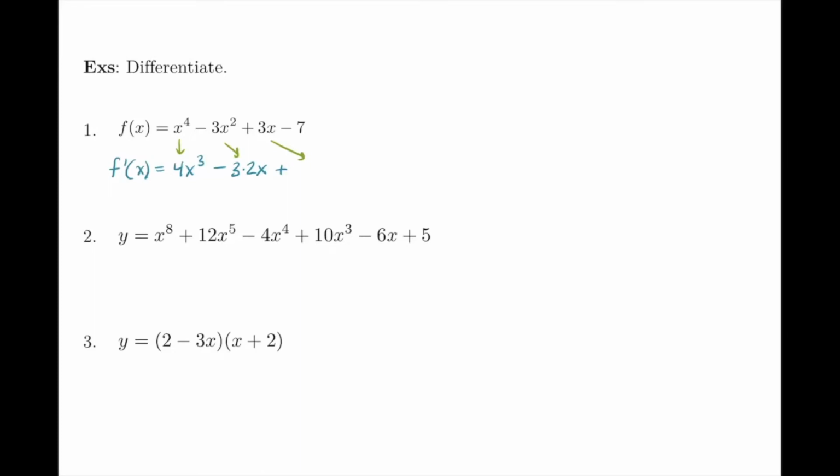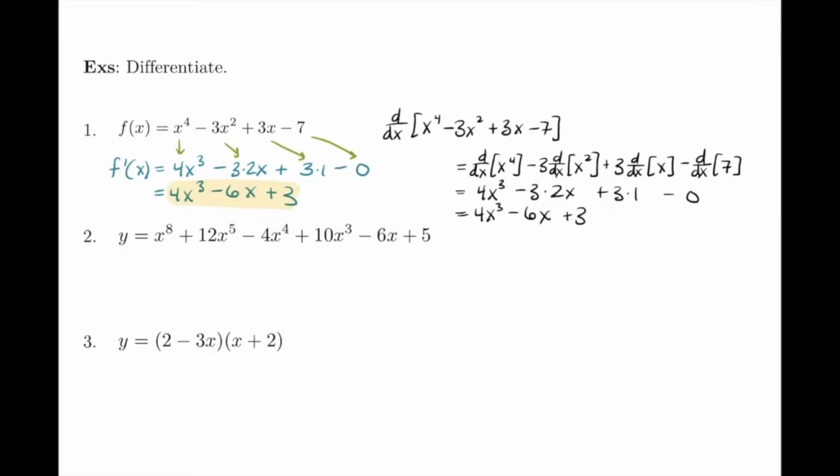That will be 3 times the derivative of x, which is 1. Then we subtract the derivative of just 7. Here we have a constant by itself, so its derivative will be 0. Now simplifying this gives us 4x to the third minus 6x plus 3. And here is the derivative of that polynomial.